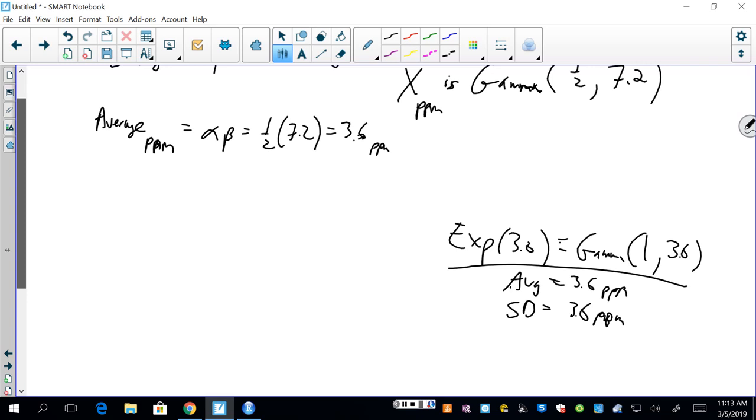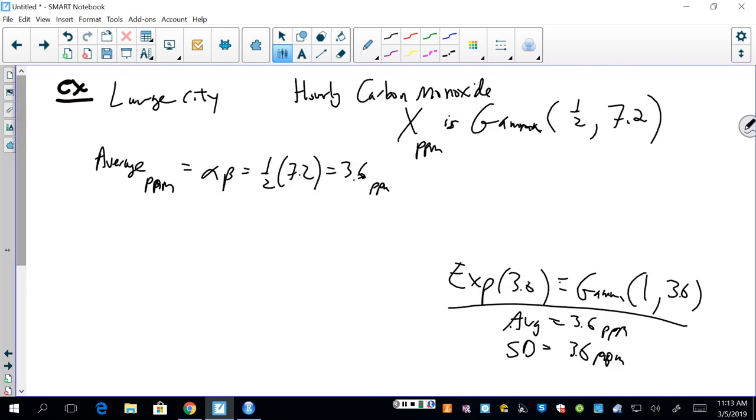So it's fine as a probability distribution, but it's a little restrictive in terms of that relationship. The gamma gives the average as this. The variance is alpha beta squared. So 1/2 times 7.2 squared.